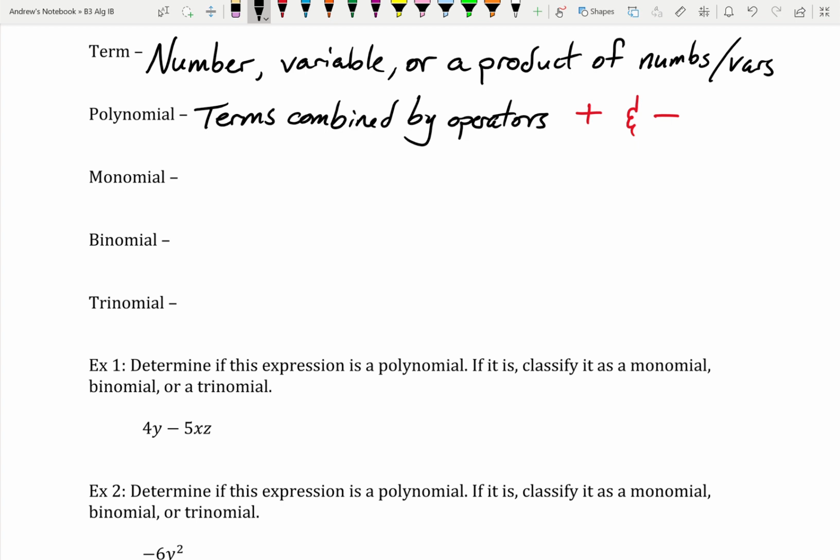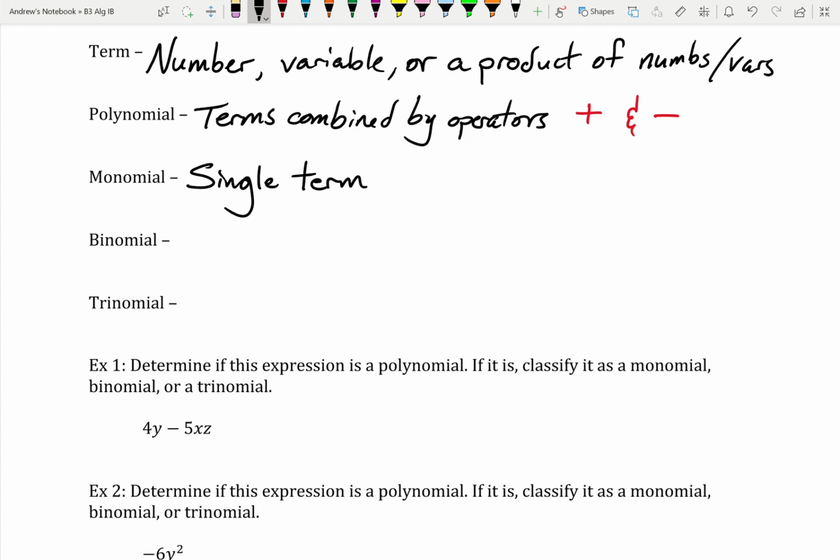So the first one is a monomial, and all that means is that it is a polynomial with a single term. Mono is the prefix meaning one. If you're into audio stuff, mono versus stereo, mono just means it's coming out of one speaker. So a monomial means that you just have a single term.